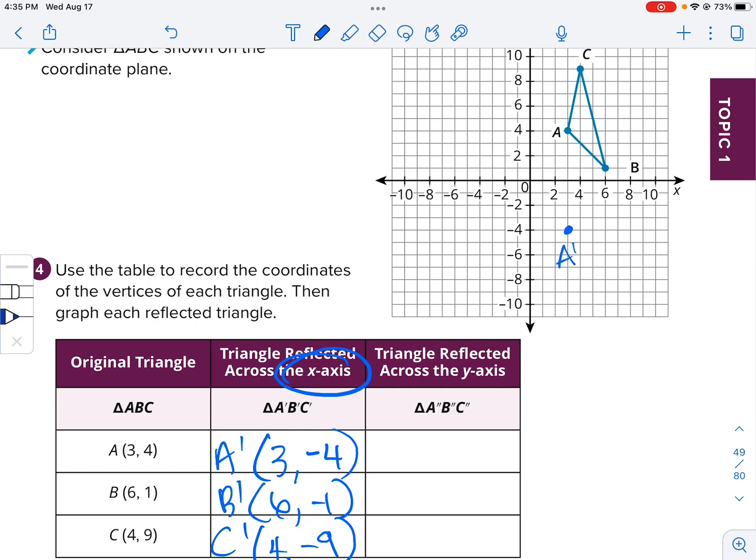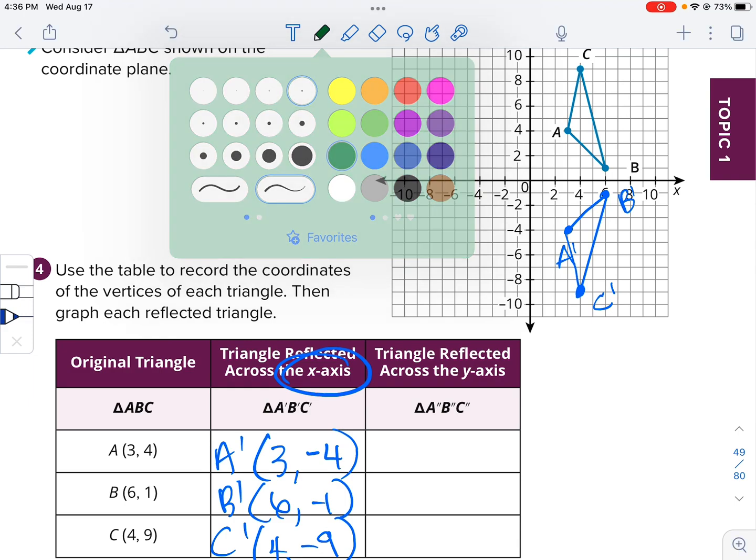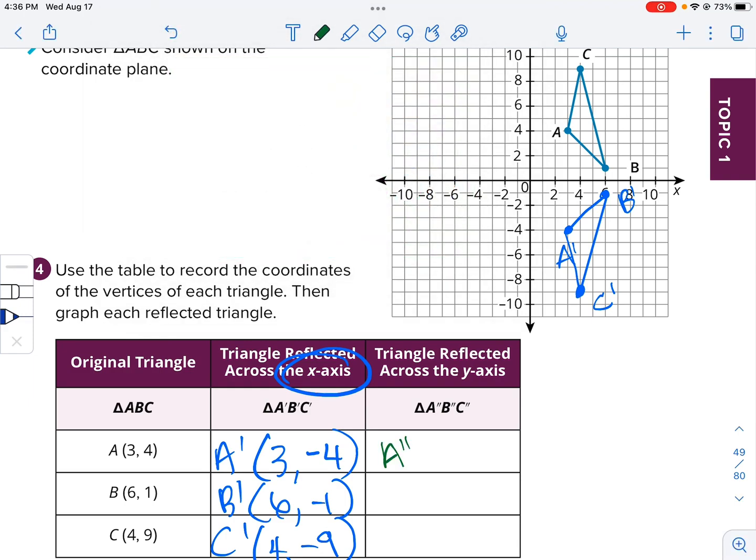A prime. 6, -1. B prime. 4, -9. C prime. Now if you put your piece of patty paper on top of it, do you get the same shape? Yes, you do. Then A double prime, B double prime, C double prime.